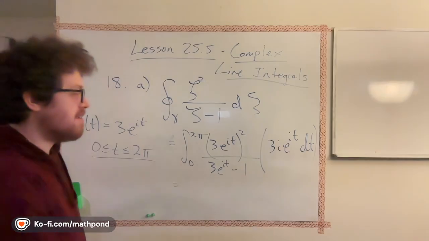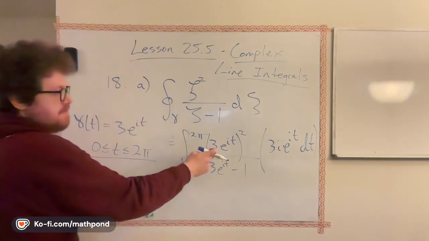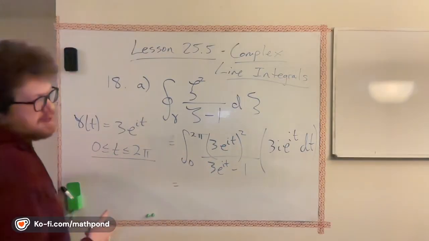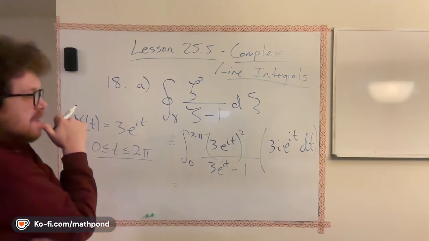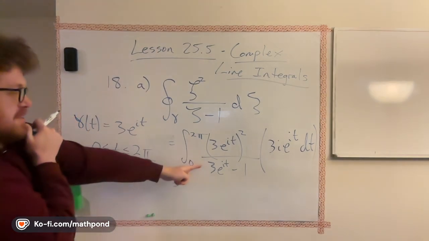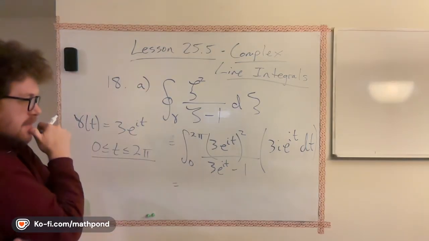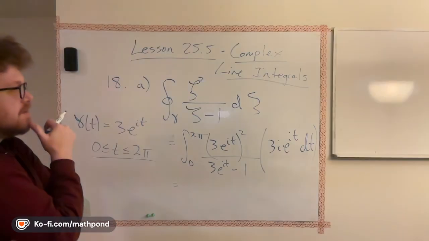Okay, so we have a lot of e to the it's on the top. E to the it squared times e to the it. It's kind of hard to cancel it because this minus 1 on the bottom is making our life difficult. Trying to think of how to get rid of that.